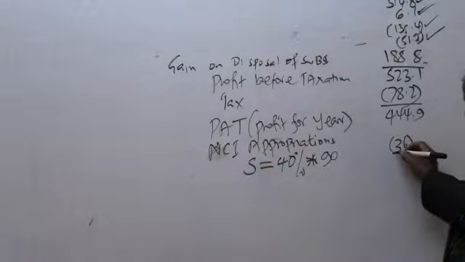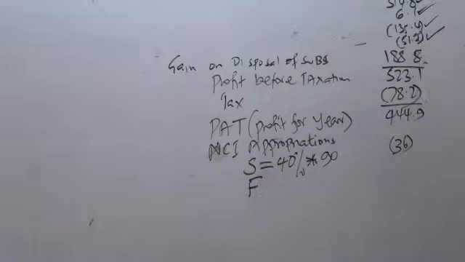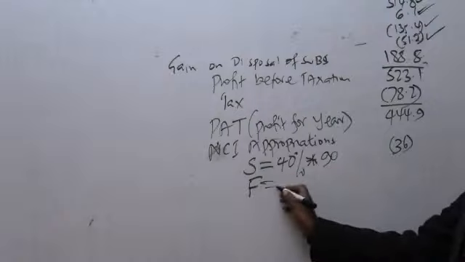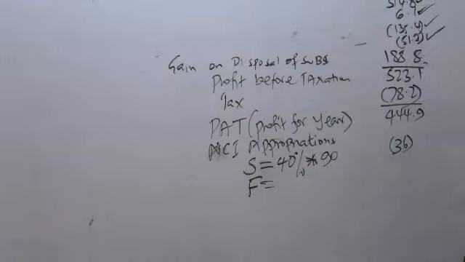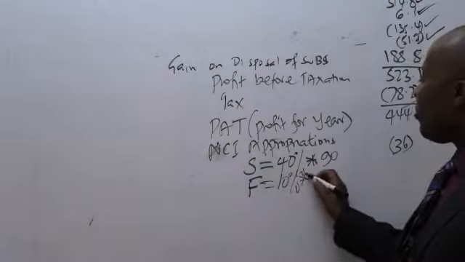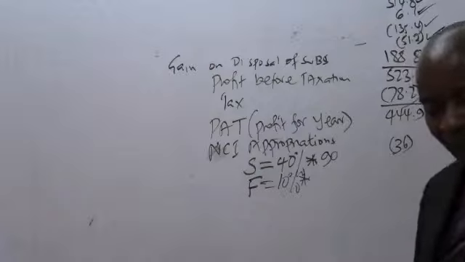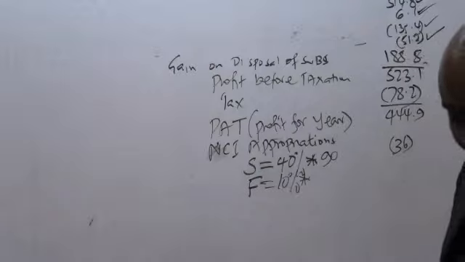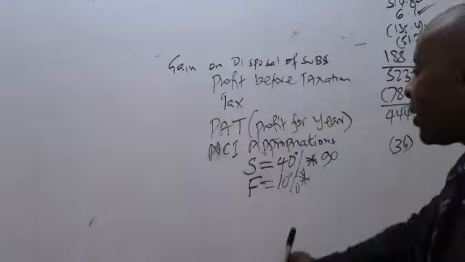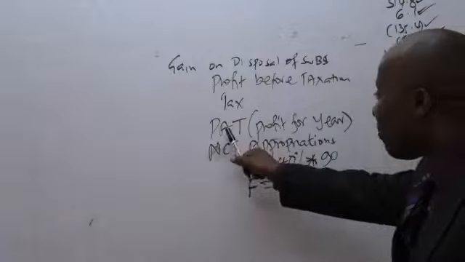This will go to the NCI of S. And we also have the NCI of F. What percentage was the NCI of F? The NCI of F was 10% of the profit after tax of F. What is the profit after tax of F? Don't do the appropriation of comprehensive income; do the appropriation of profit after tax.